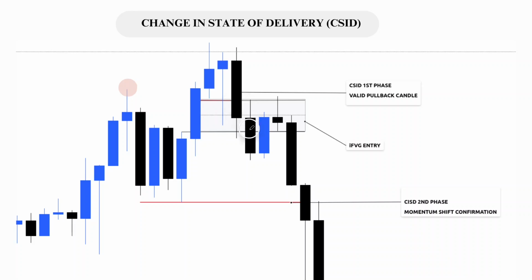We have a fair value gap here that we are waiting on. This fair value gap would have been invalidated if this candle had displaced and taken this high, but we still have this candle close inside this candle range, meaning this fair value gap is still active.